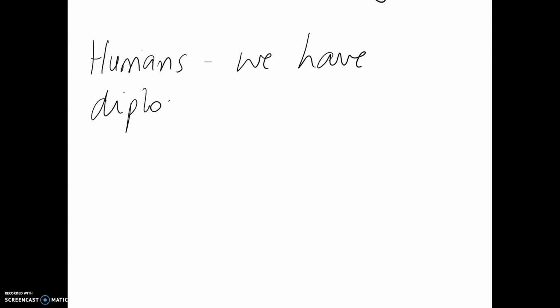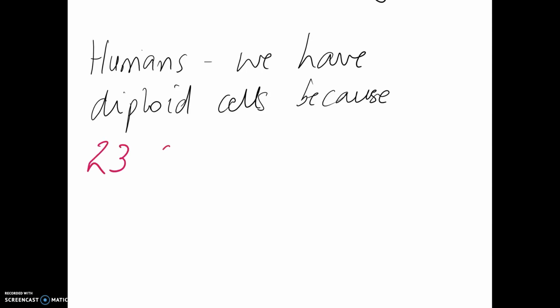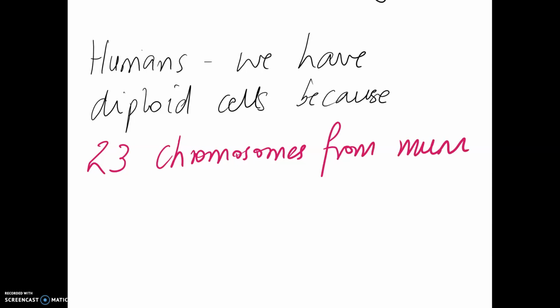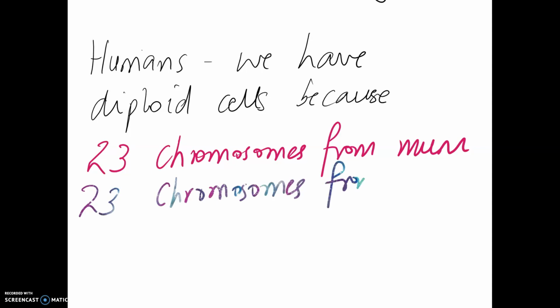So in humans, we have diploid cells. Diploid means double number of chromosomes, because you get 23 chromosomes from mum, and you get 23 chromosomes from dad.